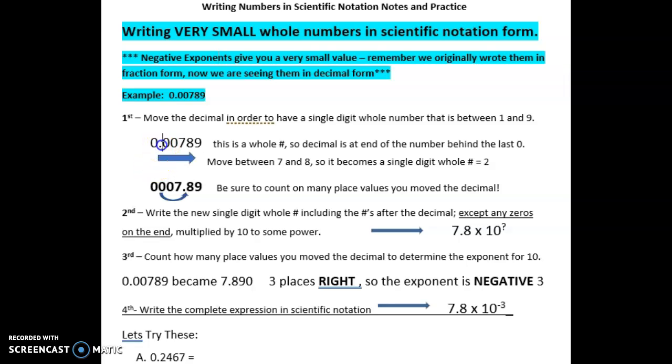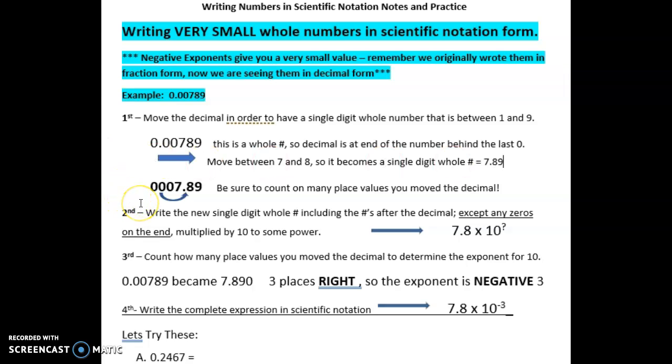Going from 0.00789, we have to move the decimal place 1, 2, 3 times, so it is between 7 and 8, and it becomes that single-digit whole number, 7.89. So be sure to count how many place values you move the decimal. That is going to be our exponent.